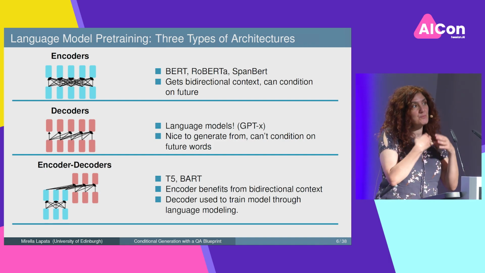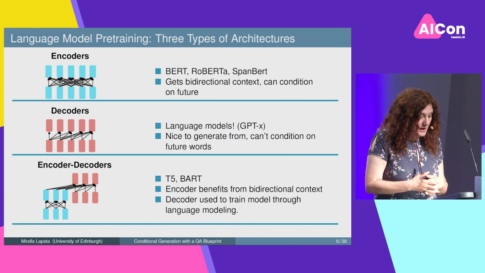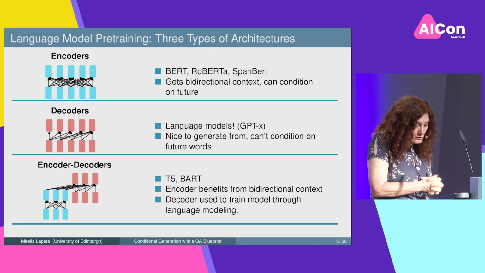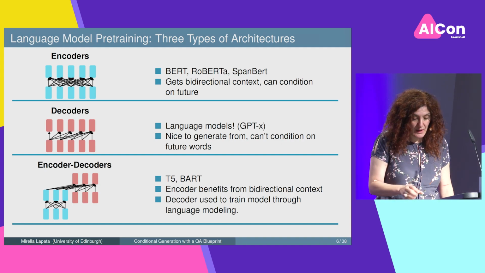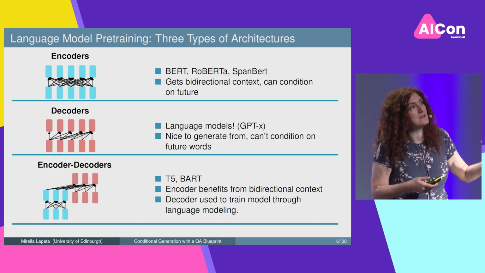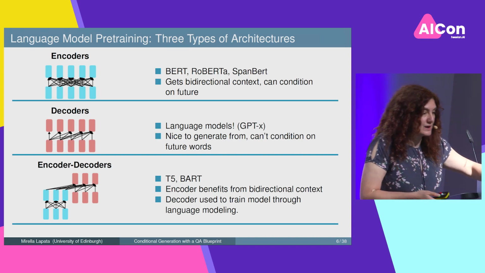And then we have pre-trained encoder-decoder models like T5 or BART, where the encoder benefits from the bidirectional context, but we also have a decoder, so they are trained to predict the output. And I'm saying all of this because I'm going to use a particular type of model for the blueprints, and I want you to understand how it works.